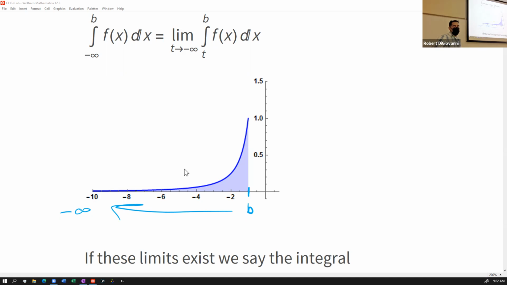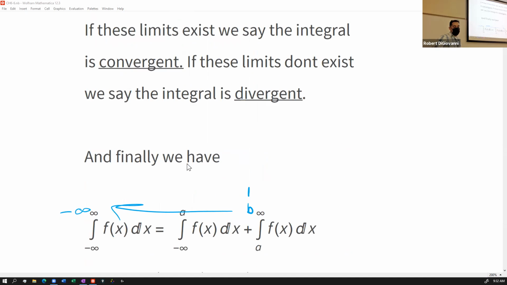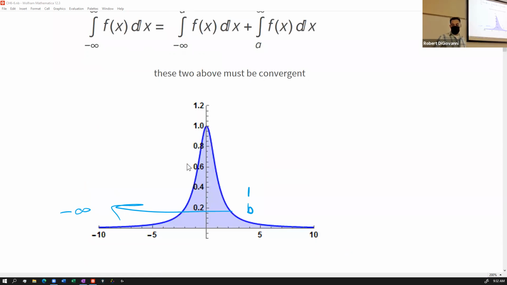And then the last case would be where we just go both directions forever. Like that. So that's the visual idea of the three types of infinite intervals.